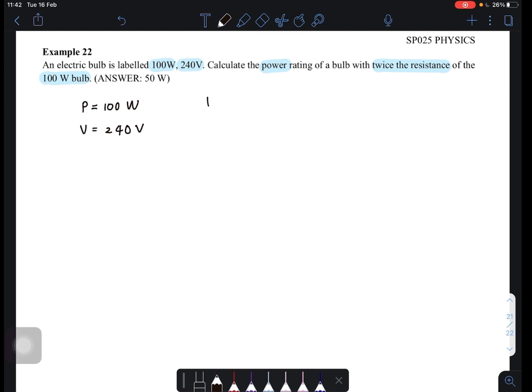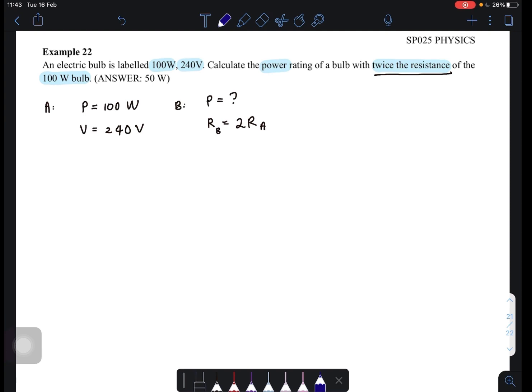And then we want to find what is the power when this bulb has a resistance twice the resistance of the first one. So let's say this one is A, this one is B. So we want to find the power when the resistance of B is 2 times the resistance of A.